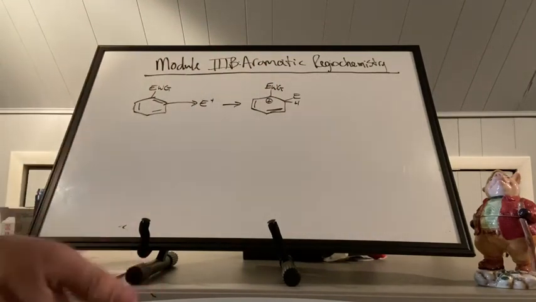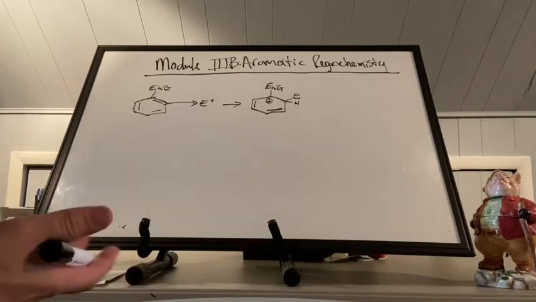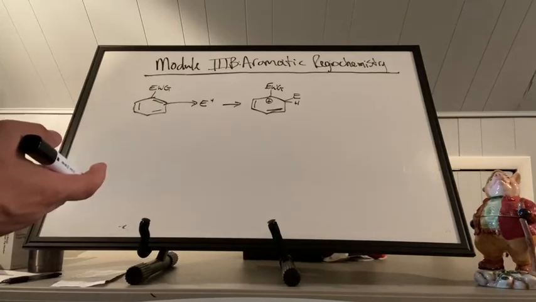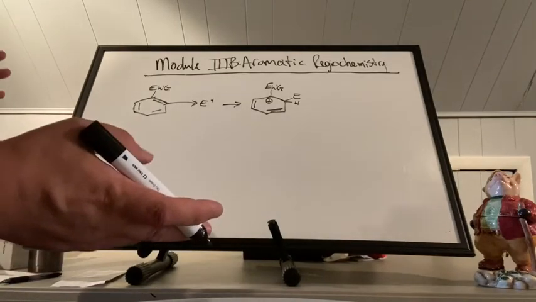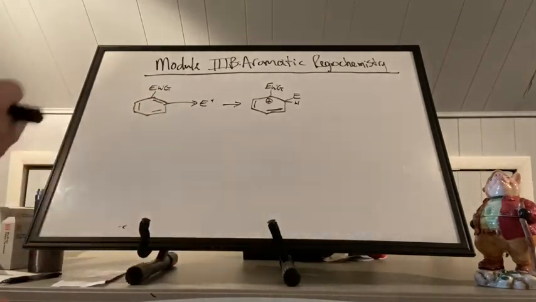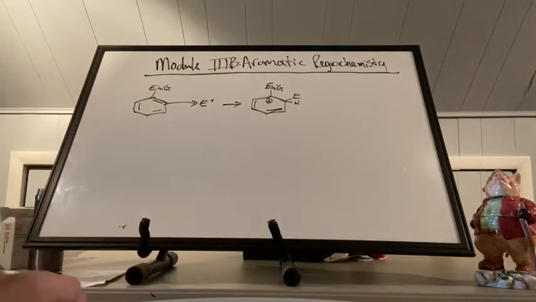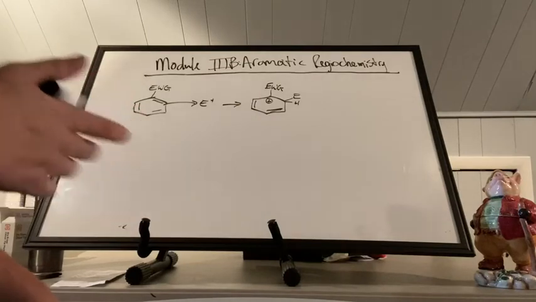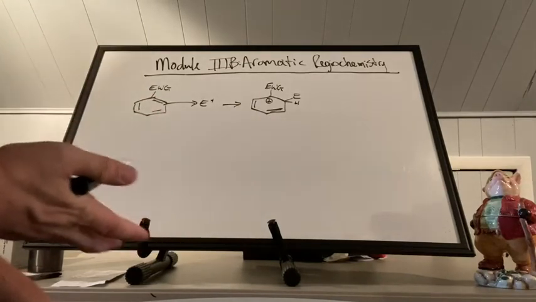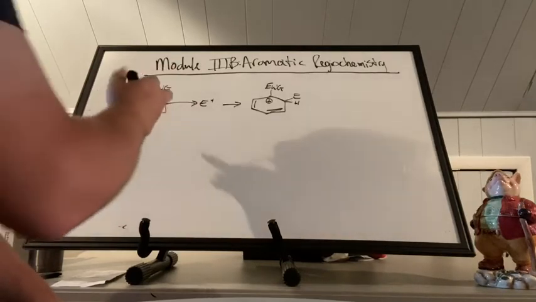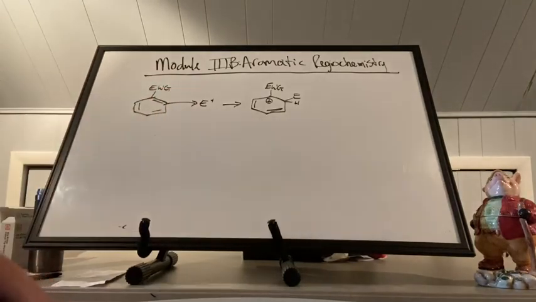So if it's electron withdrawing, if you remember from last semester, electronegative groups drawing electrons away from a positive charge would destabilize that charge. Okay, so this wouldn't be very stable. So that's typically why you're going to see things meta.